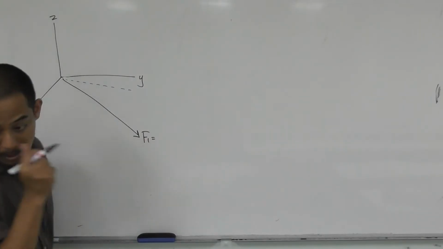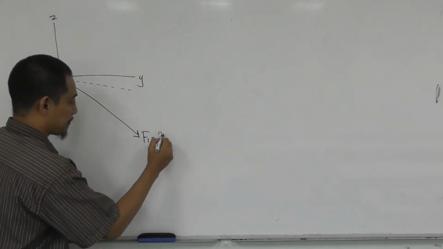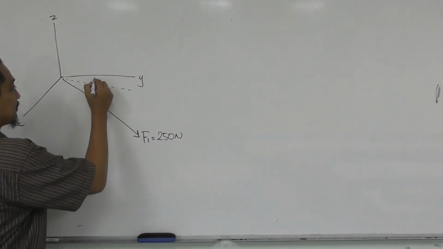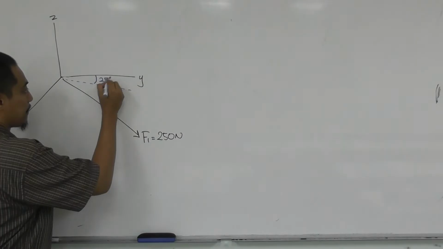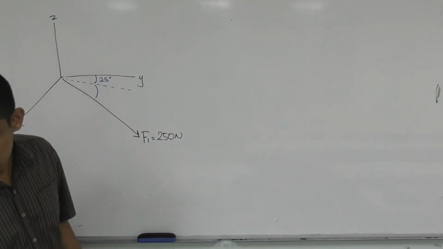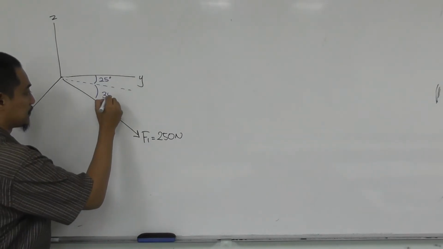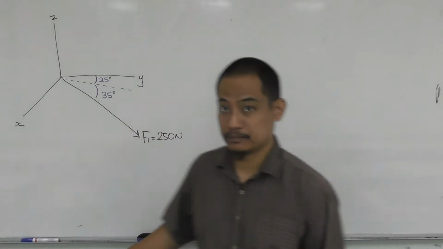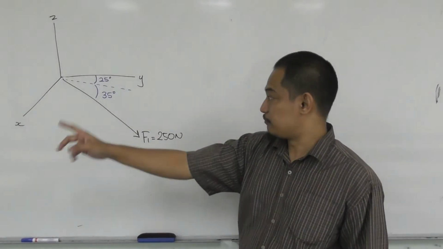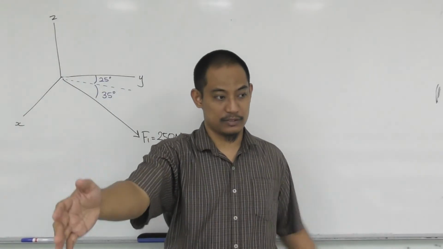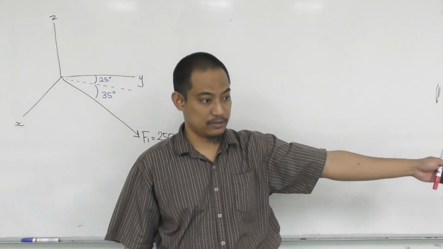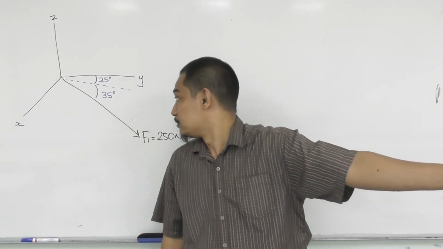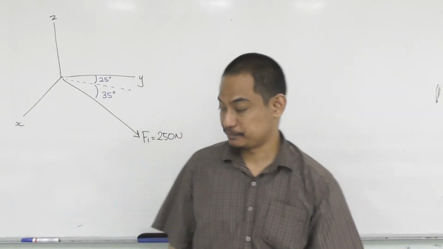F1 equal to 250 Newton, where the angle is given as 25 degrees and 35 degrees. Right. So what does this mean? It means that if this is x, y, z, from y it goes 25 degrees before it goes down 35 degrees, right?